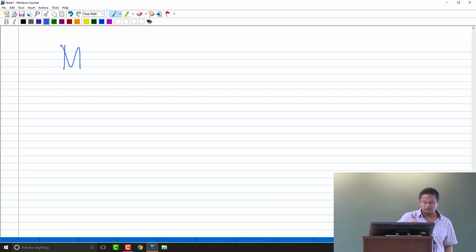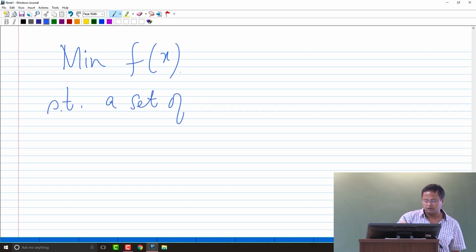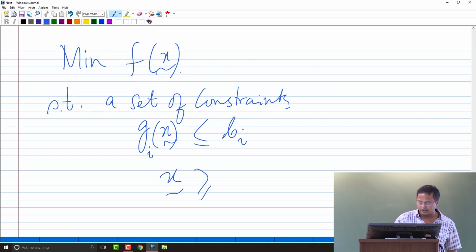What do you do? Say you minimize a function over a certain domain, subject to a bunch of constraints, g_i(x) less than or equal to b_i, and obviously these are all vectors maybe, and you say that they are positive.